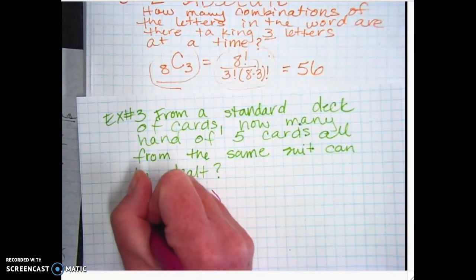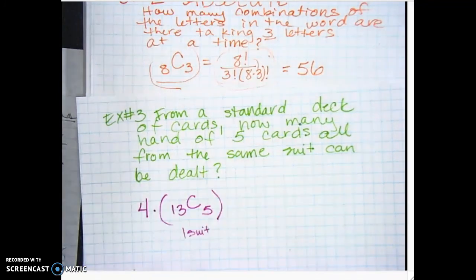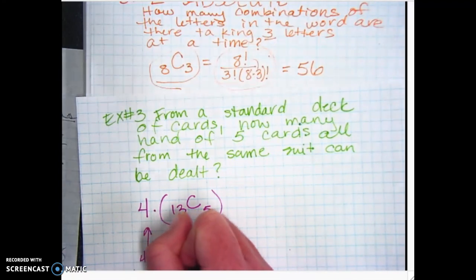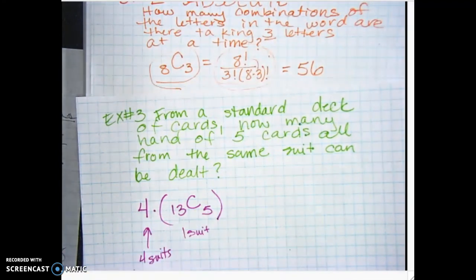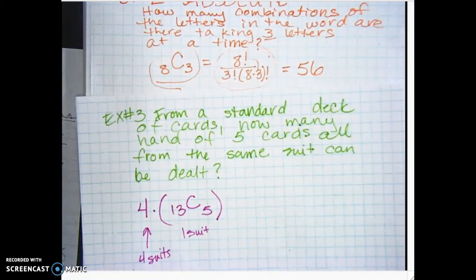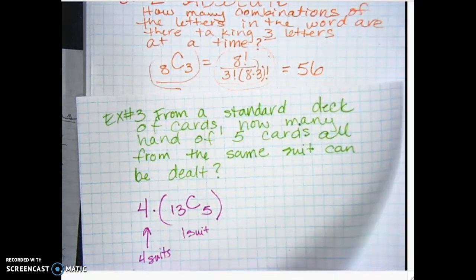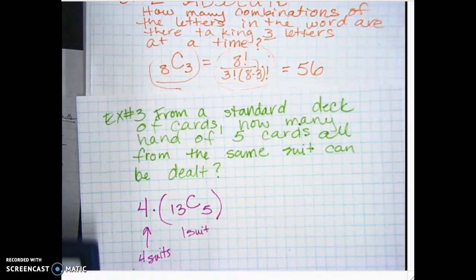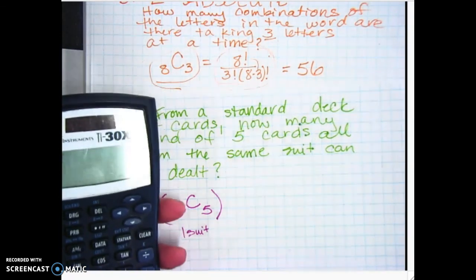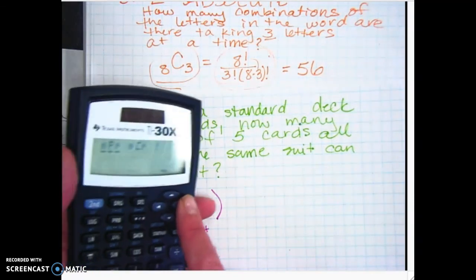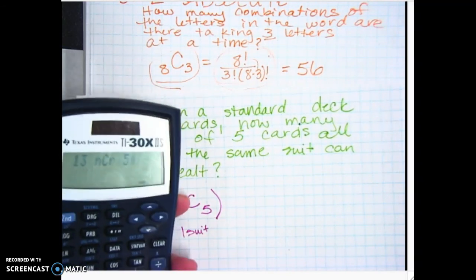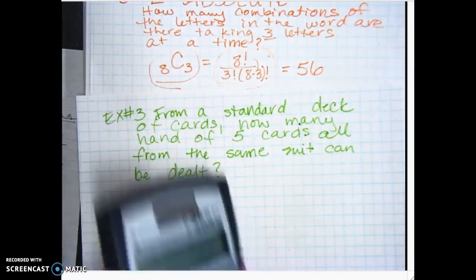So I'm just going to multiply it by 4, because in total there are 4 suits. If you want to calculate that on your calculator, calculate this first and then multiply your answer by 4. So I'm going to go 13, hit the probability button, type in the 5.